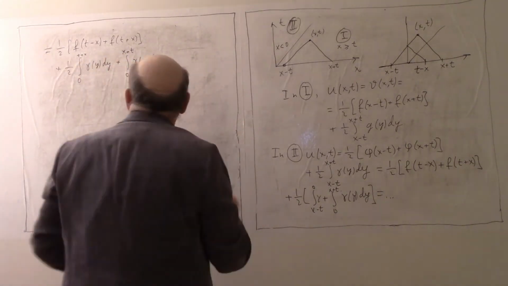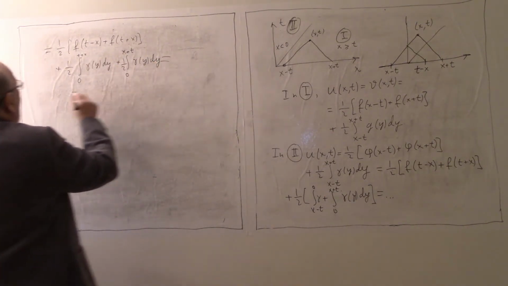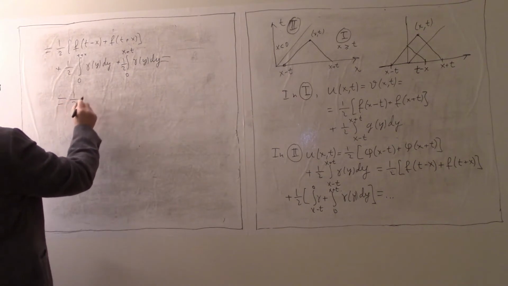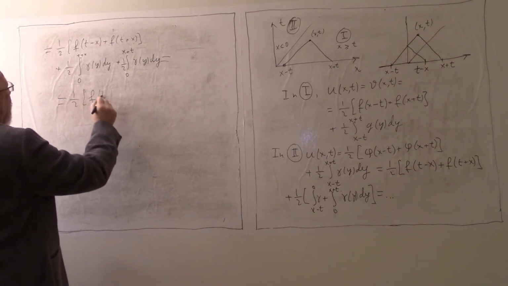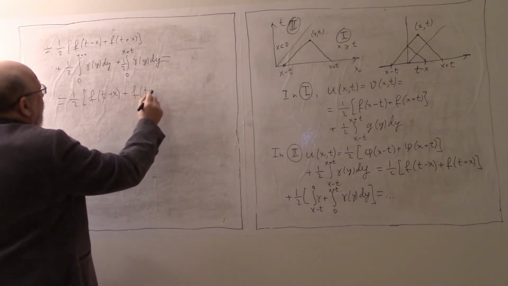And again this equals 1/2 of f of t minus x plus f of t plus x.